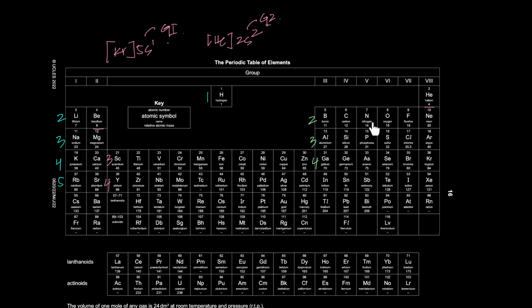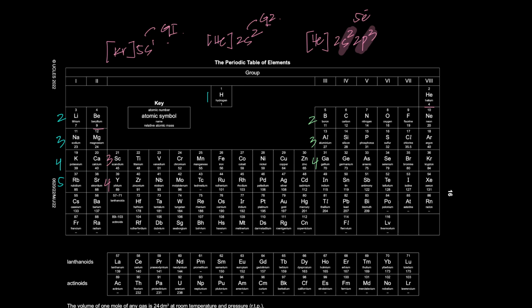Now if I want to talk about nitrogen, let's suppose, nitrogen's shorthand electronic configuration is [He] 2s2 2p3. If you check the outermost electrons, that is defined by the principal quantum number. So how many electrons do you have in principal quantum number 2? That's 2 plus 3, 5. And that's why you have nitrogen in group 5, because it has 5 electrons in its outermost shell.